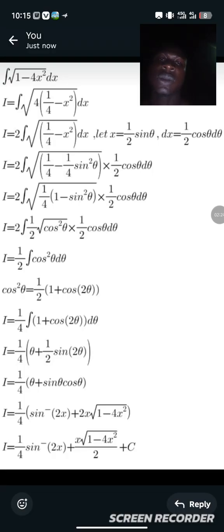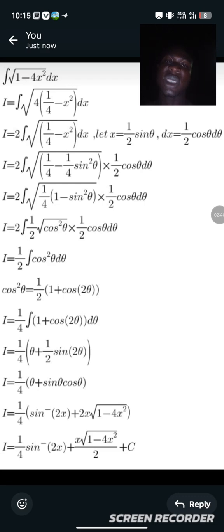So if you factorize 1 over 4, that is common, we have I equals 2 integral square root of 1 over 4 minus 1 over 4 sine squared theta times 1 over 2 cos theta d theta.